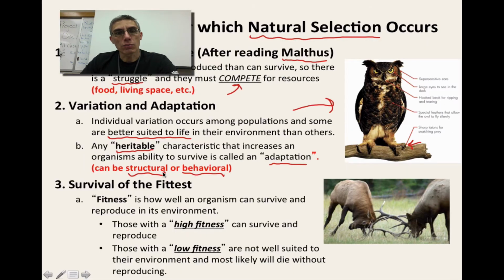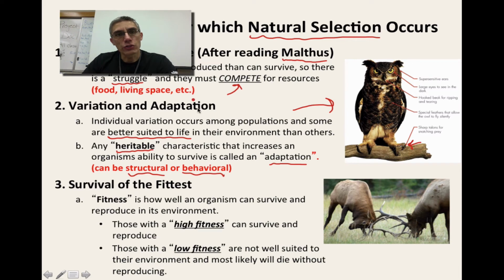And so again, these can be structural or they could be behavioral. In other words, you could have an animal that is, I wouldn't say smarter than the rest of the population, but maybe they're able to reason a bit more, and that gives them an edge over the others within that population.